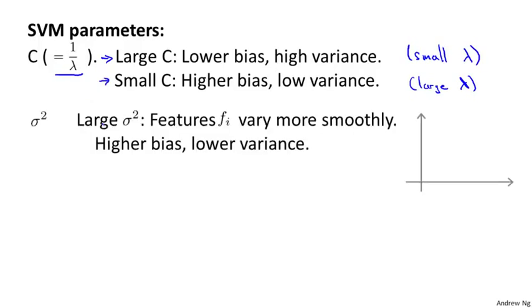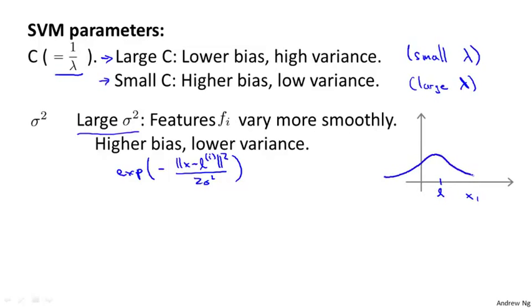So this parameter C is one of the parameters we need to choose. The other one is the parameter sigma squared, which appeared in the Gaussian kernel. If sigma squared is large, then in the similarity function, which was e to the minus x minus landmark i, squared, over 2 sigma squared, in this 1D example, if I have only one feature x1 and a landmark at that location, the Gaussian kernel will tend to fall off relatively slowly.